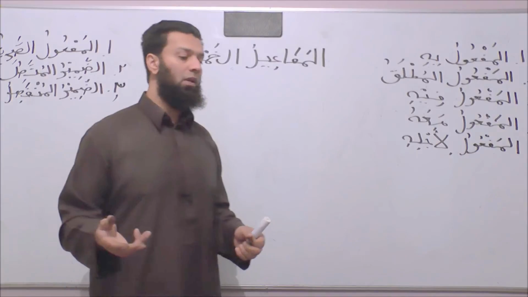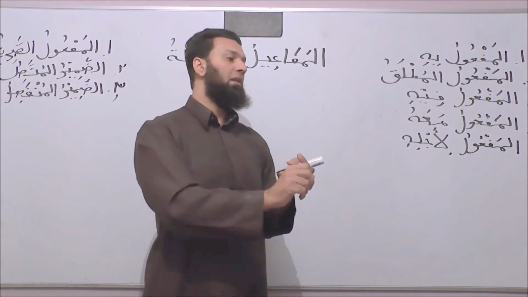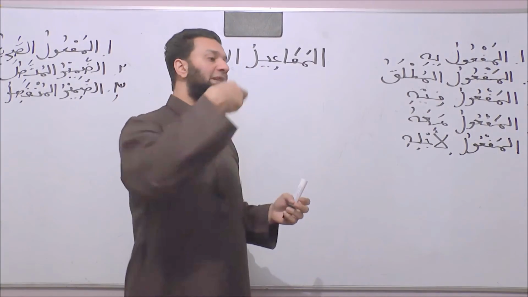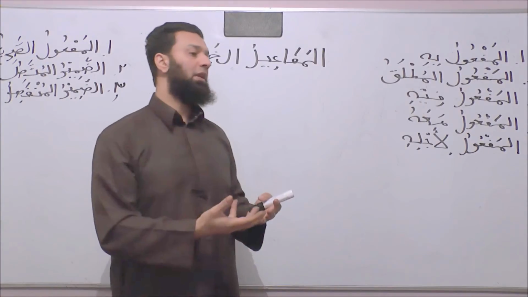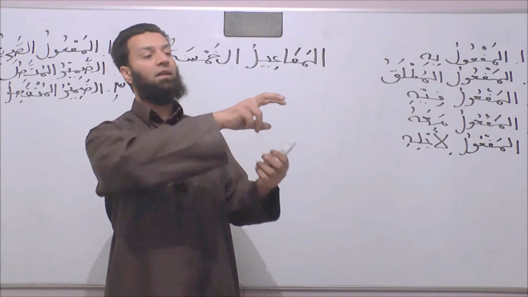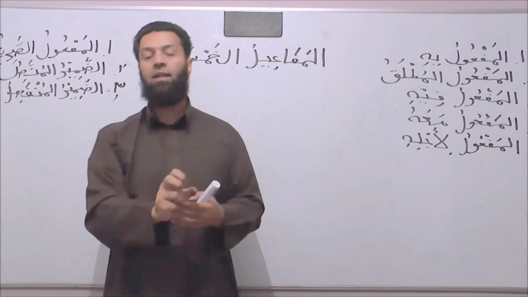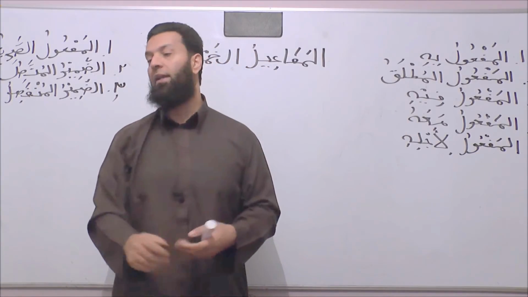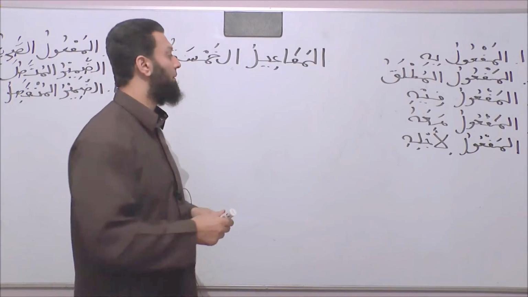So where we have a harfu al-masdaru, a harfun that represents al-masdar, then we have an ismun that follows it, or a fi'lun, then we can extrapolate from those two parts al-masdaru al-mu'awwal, as we say. And that's probably easier to understand by way of example.